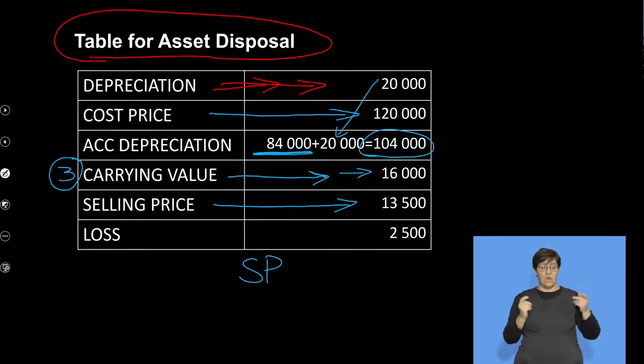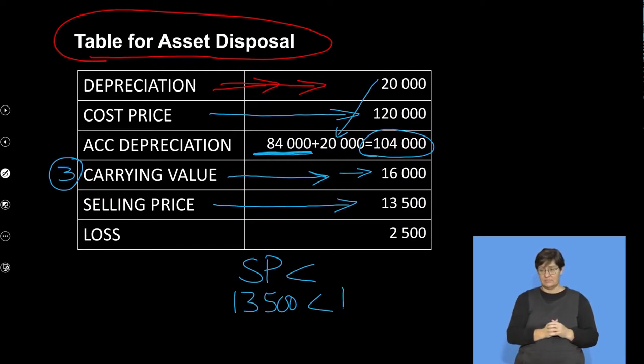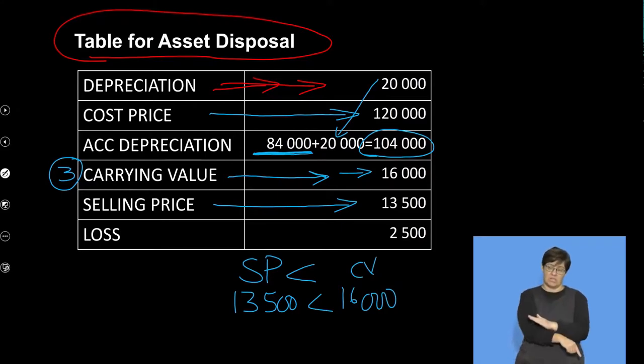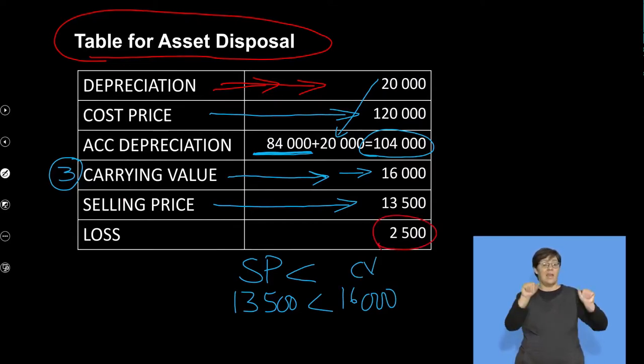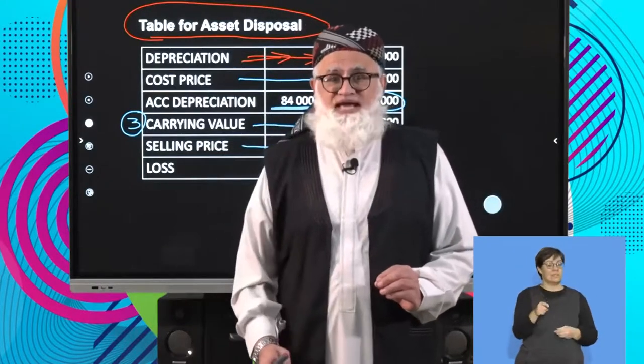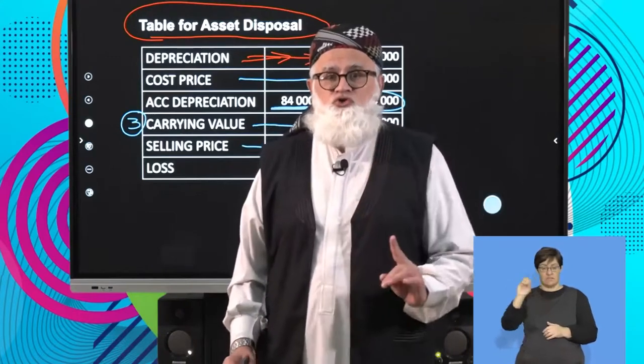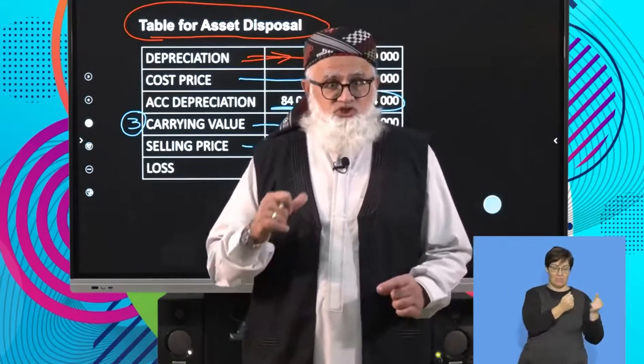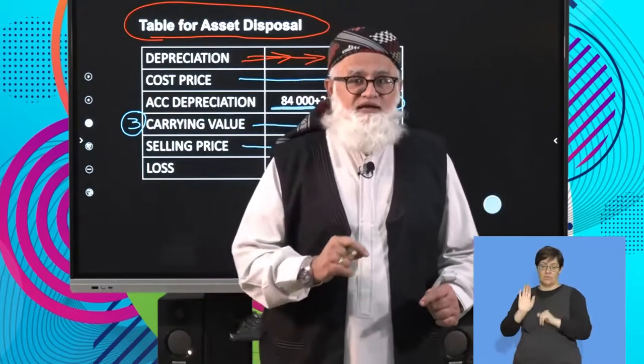My selling price of 13,500 is less than my carrying value of 16,000. This means you've made a loss of 2,500. So without making a single accounting entry, you've already ascertained that on this particular transaction, you've made a loss of 2,500 by comparing your selling price with your carrying value.